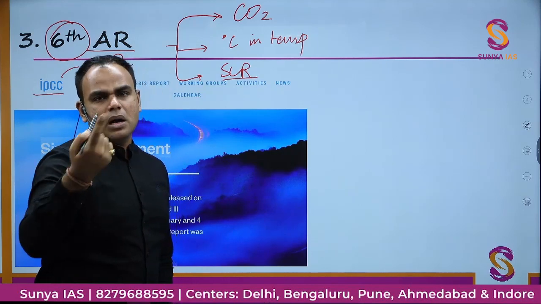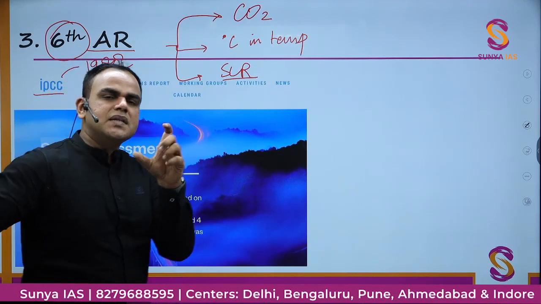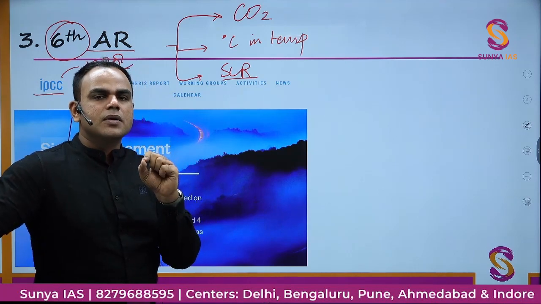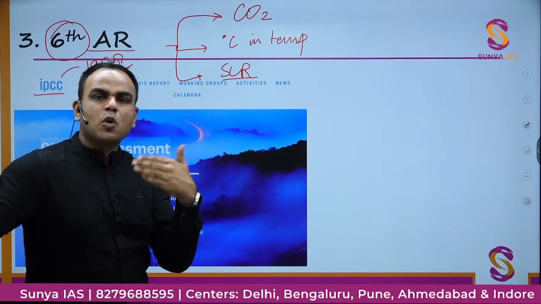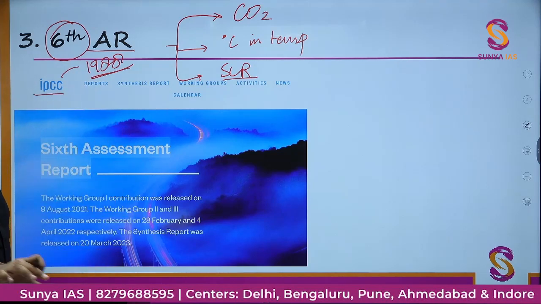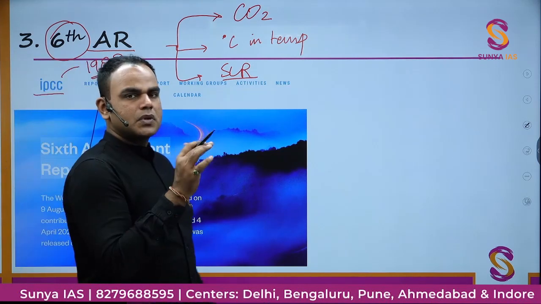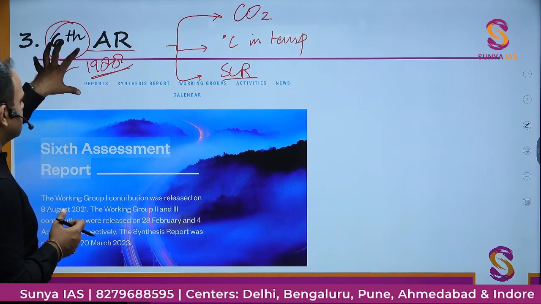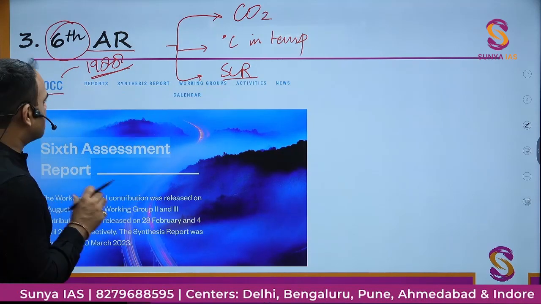Now a question can be asked: whether IPCC does its own scientific assessments or surveys. It does not do that. It provides a compilation, so we should be aware that it is not doing all these things by itself. It does not undertake scientific activities, and it works as a report collation group.